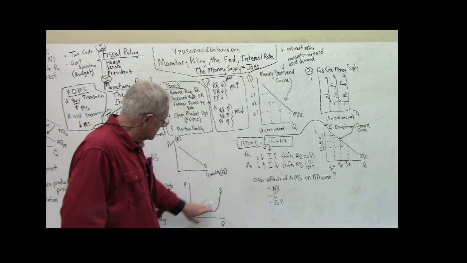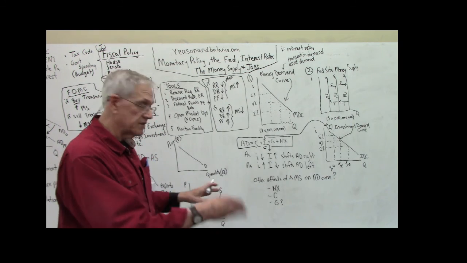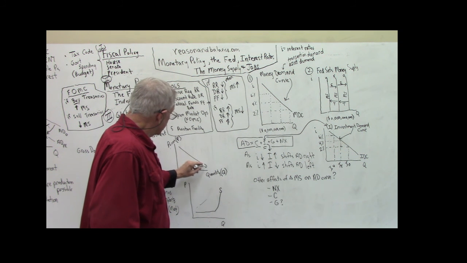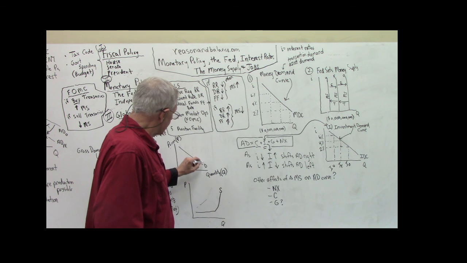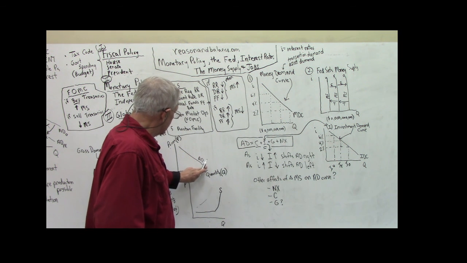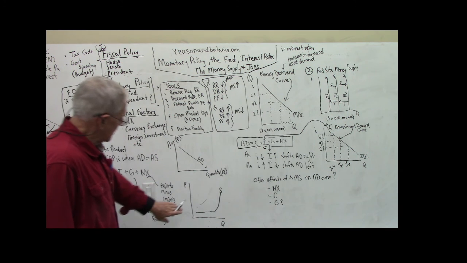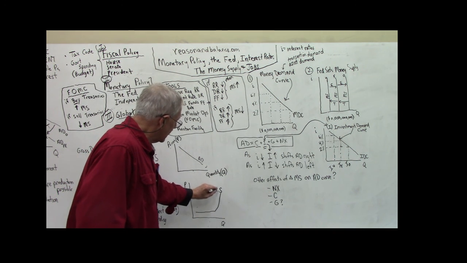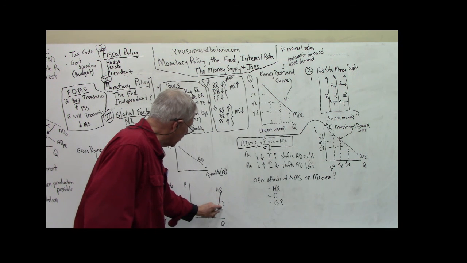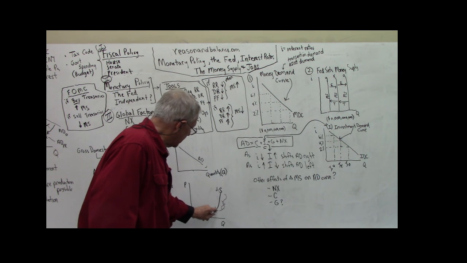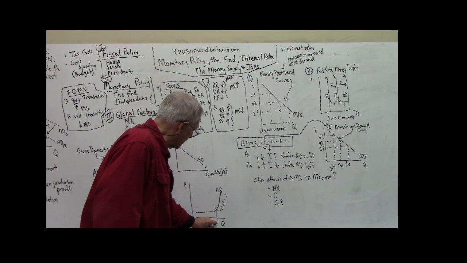I've got it drawn slightly different here for another purpose that I'm going to get to in a minute. But basically, this is a demand curve for any demand. You can make this the aggregate demand curve if you want. Okay, so that's the aggregate demand curve. And this supply curve right here is eventually going to be the aggregate supply curve. And we'll notice this little elbow right here that starts right about here. And that just happens to be, as we'll get to in a moment, at full employment.